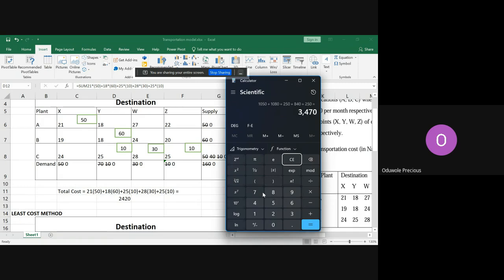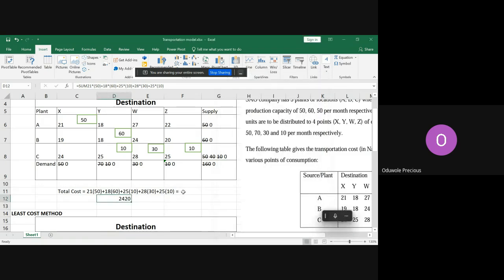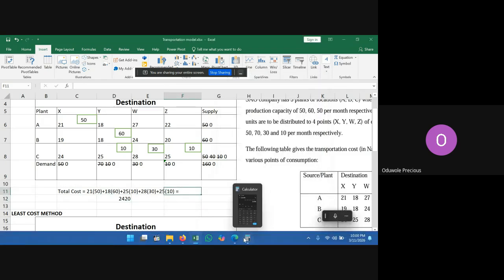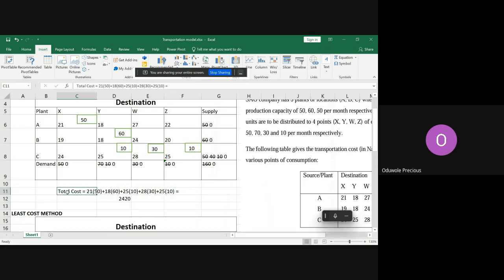And that's the end of the allocation. That's 3470. I knew this was not correct. 3470, right? So that is our total cost.